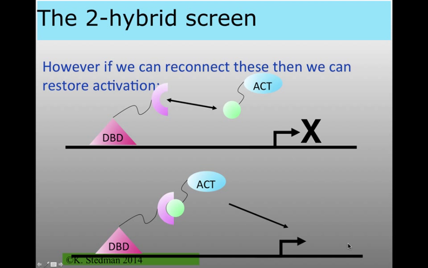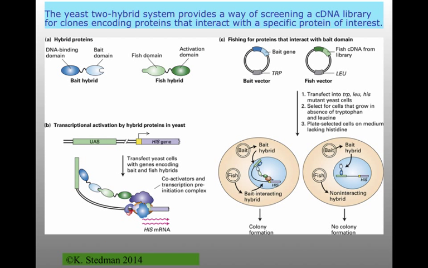These two come together, now you get transcriptional activation. So literally the yeast 2-hybrid screen is a way of looking at protein-protein interactions. What you're looking at here is the interaction between this semicircle and this circle. Of course, they're in 3 dimensions as well.